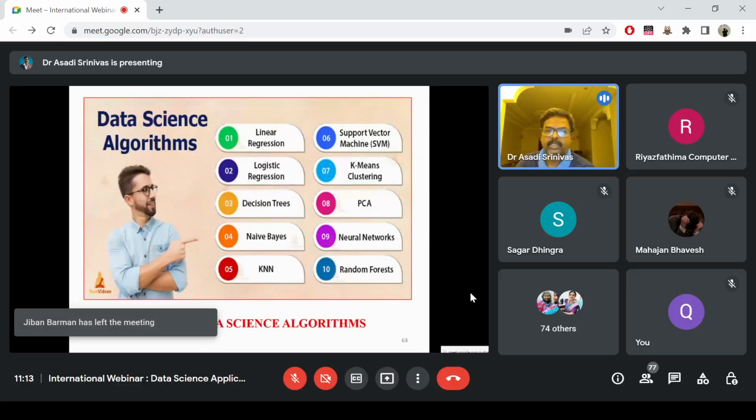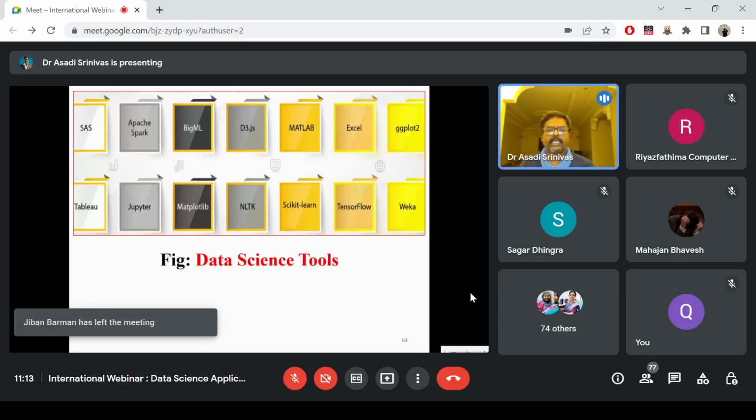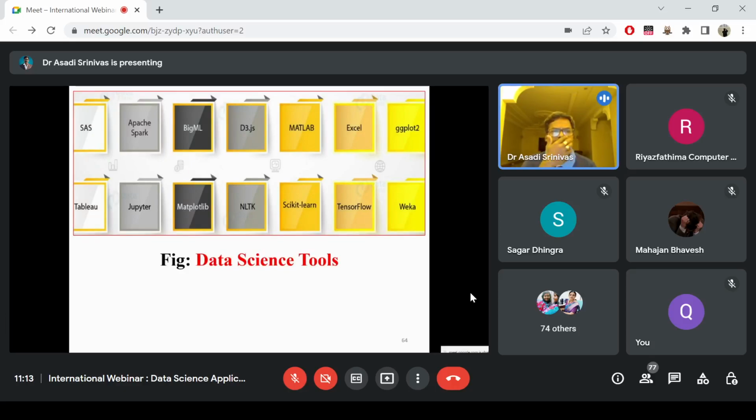And these are the data science tools, like statistical analysis software, that is called SAS, and SPSS, Statistical Package for the Social Sciences, Apache Spark, BigML, D3, JavaScript, MATLAB, Excel, ggplot2, Tableau, Jupyter, Matplotlib, Natural Language Toolkit, Scikit-learn, TensorFlow, Weka.